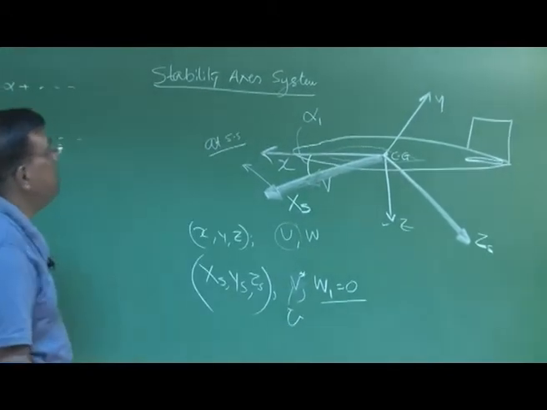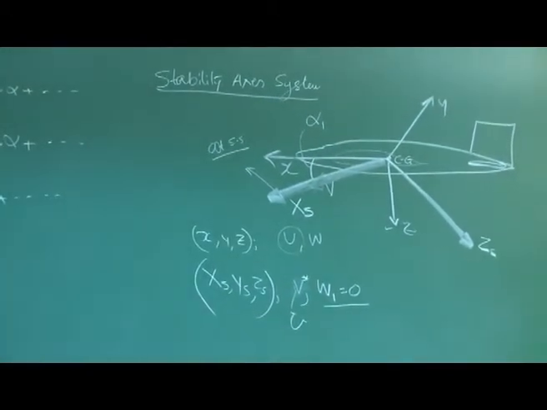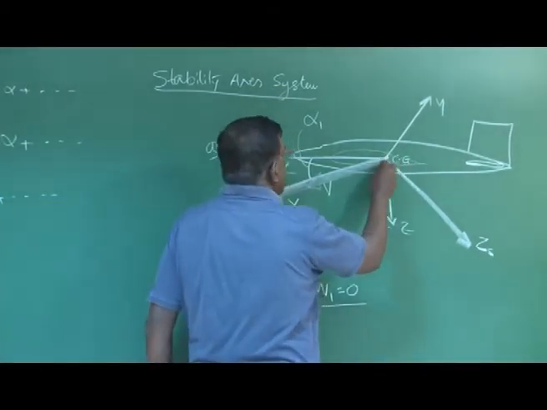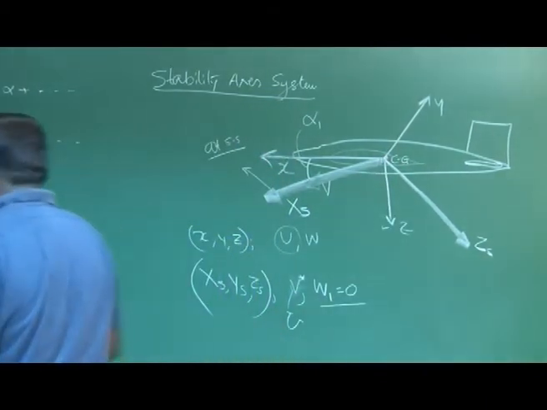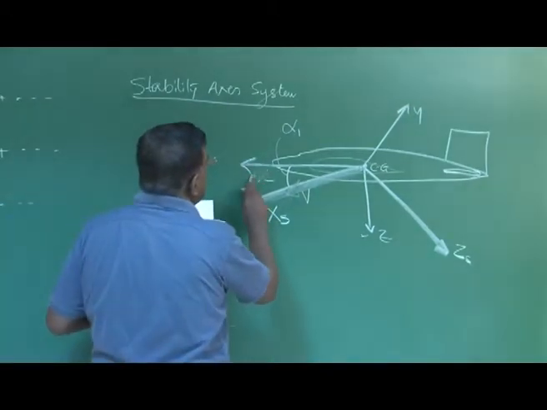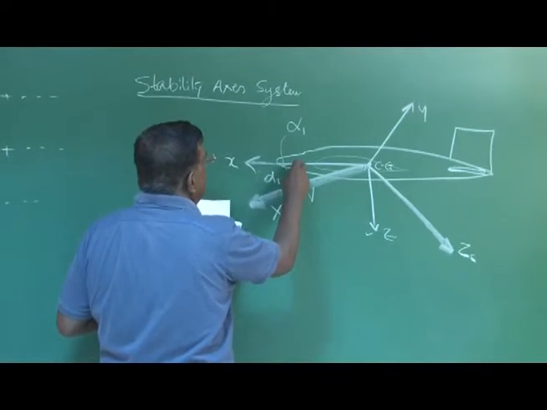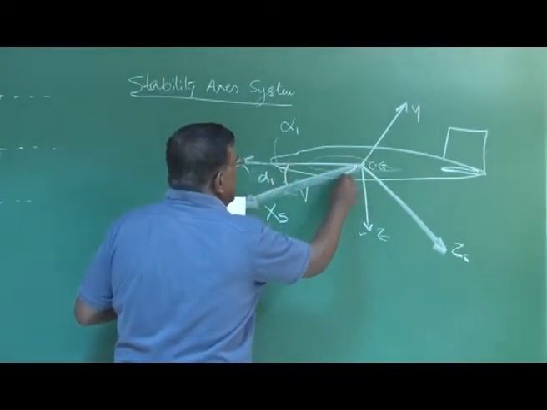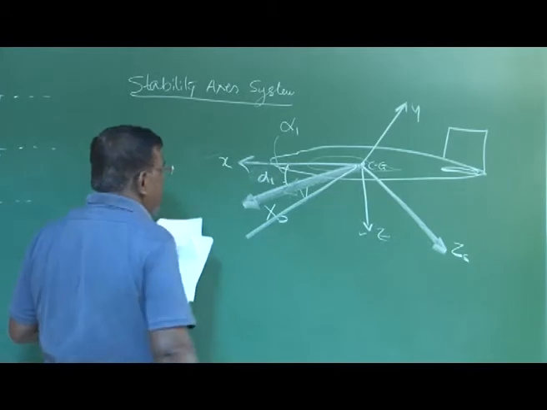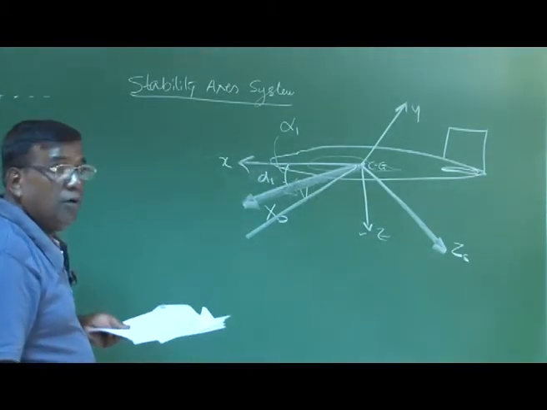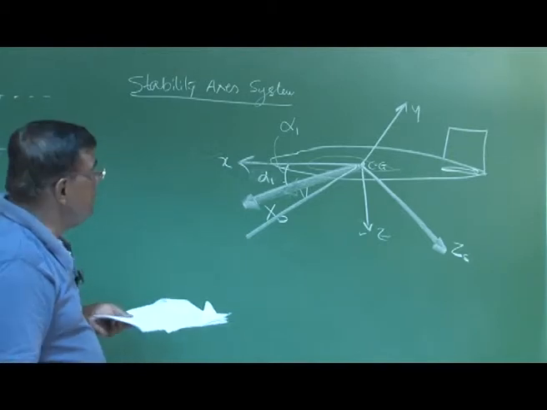That is very important. Now we are talking about perturbation. So we will give some perturbation and see how this diagram is to be interpreted. We have no objection that this is alpha 1, this angle, and there is some disturbance that has happened because the total velocity has changed from the steady state velocity.